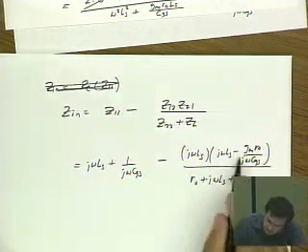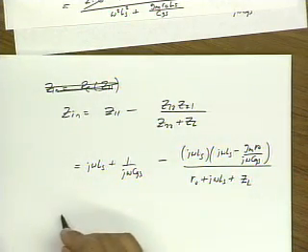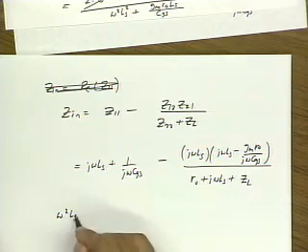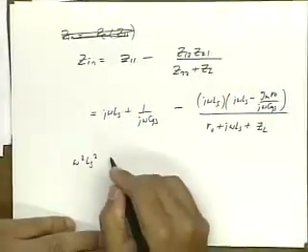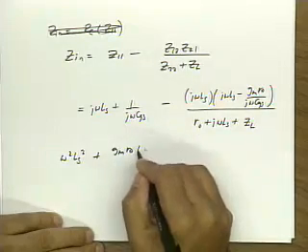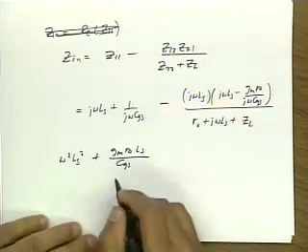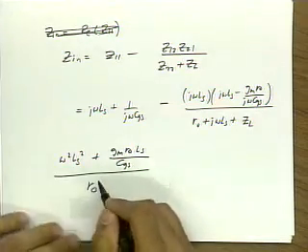Okay, good. Okay, so if I now multiply this numerator out again, I'll have omega squared Ls squared plus gm Ro Ls divided by Cgs, all divided by Ro.